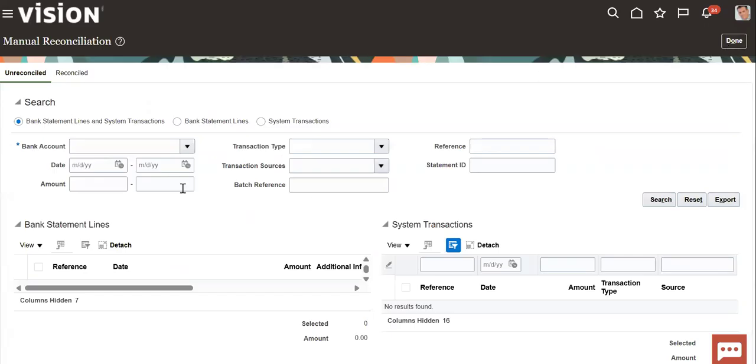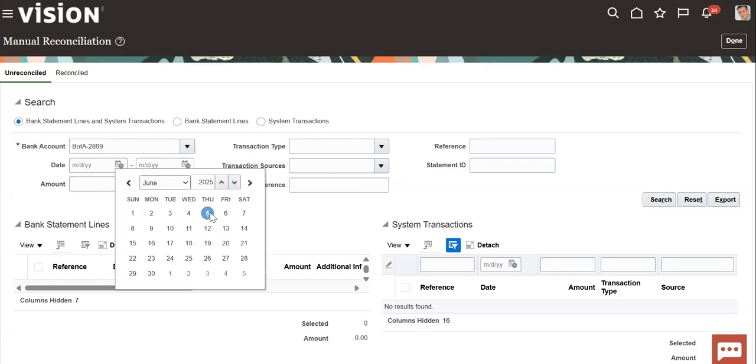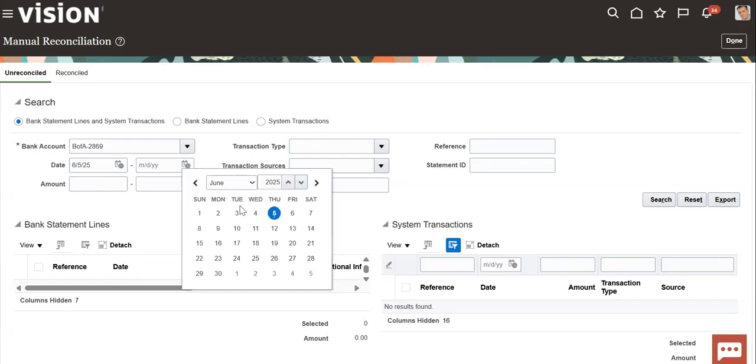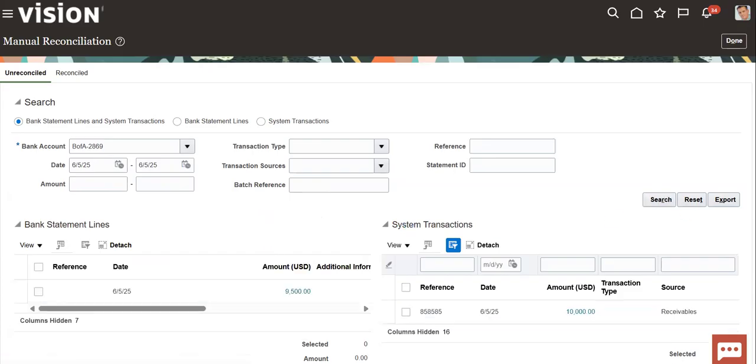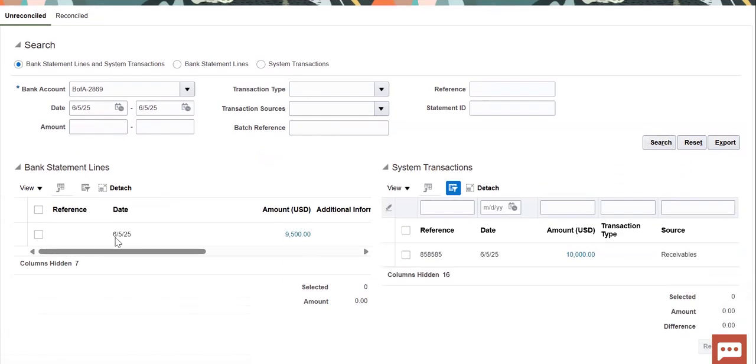So I'm in cash management. I'm going to do the manual reconciliation. This was the bank account. So this is the bank statement of 9,500 and the receipt is of 10,000. This is what I'm going to reconcile.